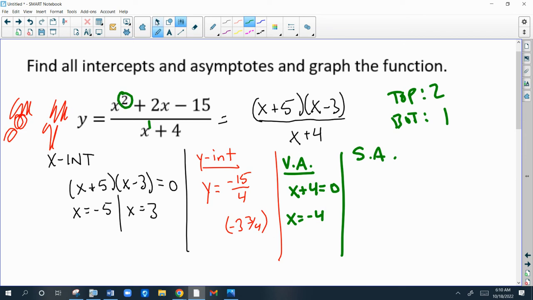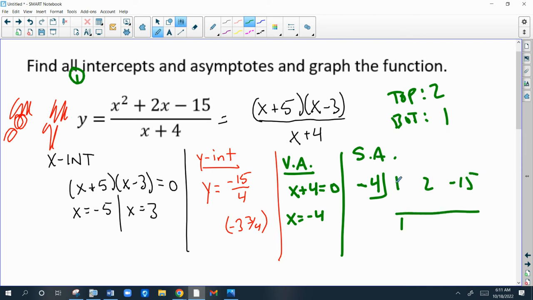To get the slant asymptote, you divide, and you ignore the remainder. So since this is a setup for synthetic division, because you're dividing by x plus 4, you can do this with synthetic division. 1, 2, -15.